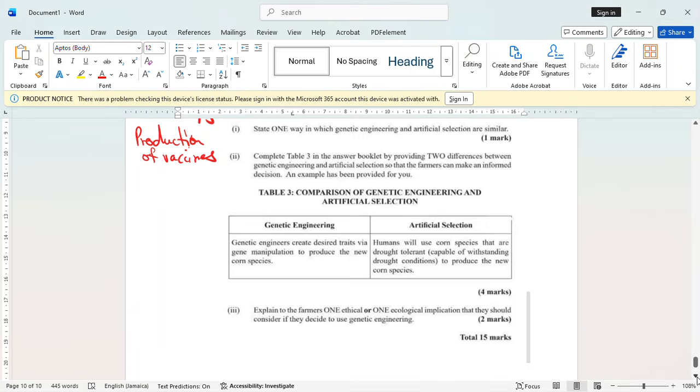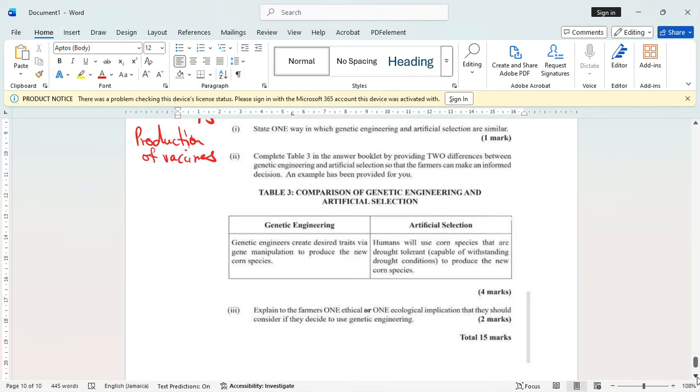So the example is genetic engineering creates desired traits via gene manipulation to produce the new corn species, while in artificial selection, humans will use drought tolerant plants, capable of withstanding drought condition, to produce the new corn species.